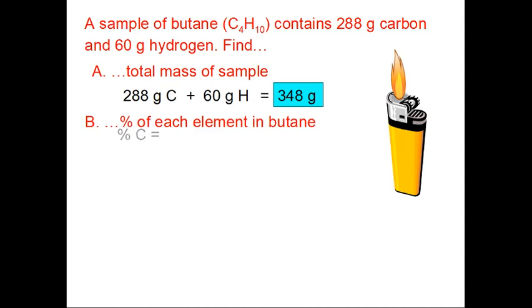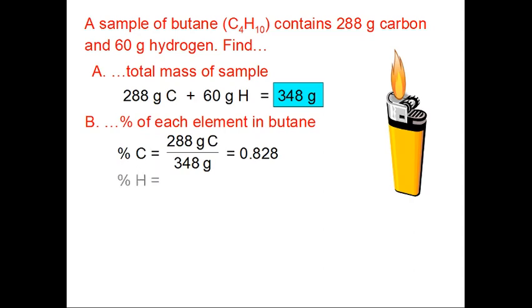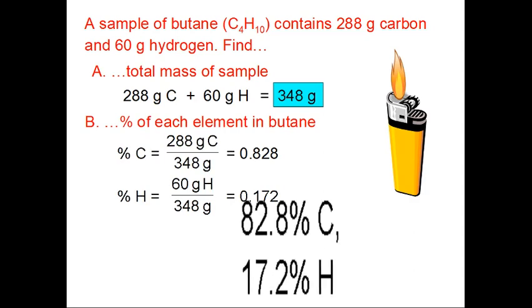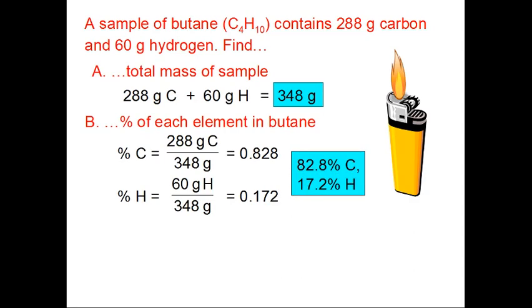So we're going to take our part, which is for carbon, 288 grams, divided by our whole, 348, and we end up with 0.828. Now for percents, all you do is move your decimal place 2 spots, and we end up with 82.8%. Hydrogen, 60 divided by 348, you end up with 0.172, 17.2%. Check your work, add them together, make sure they equal 100.